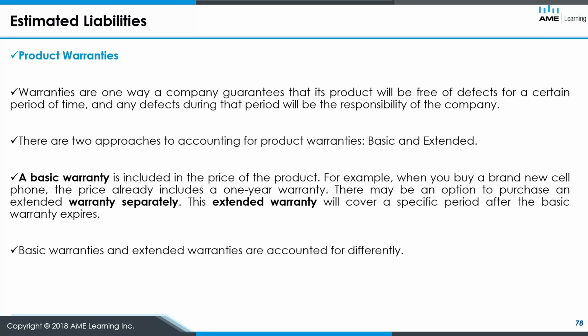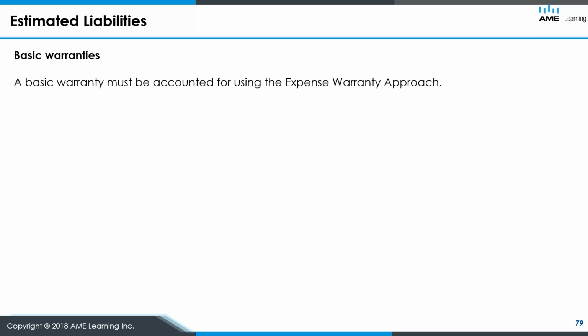That process of receiving the products back, fixing them, providing a replacement product if need be, all has a cost associated with it. There could be a basic warranty, but customers could also purchase extended warranties. So it depends on the product and what the customer decides to do.